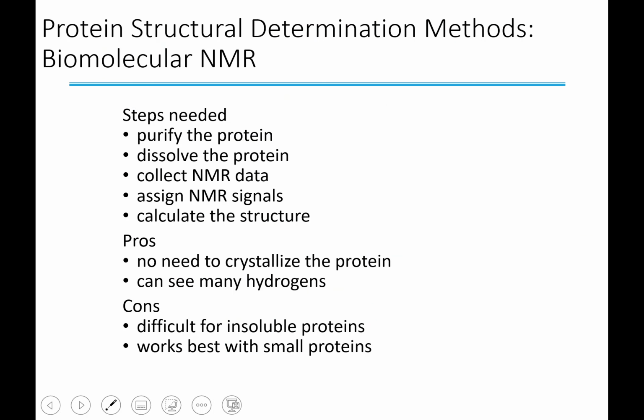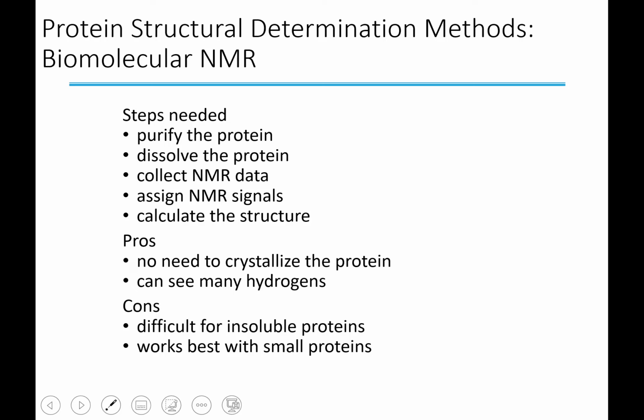The second major way protein structures are determined is by NMR, and NMR stands for nuclear magnetic resonance. Okay. The steps needed here are similar at the start, right? You have to purify your protein, okay? And then your protein, in this case, needs to be soluble.